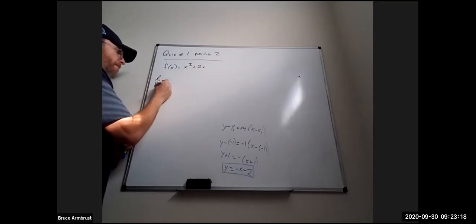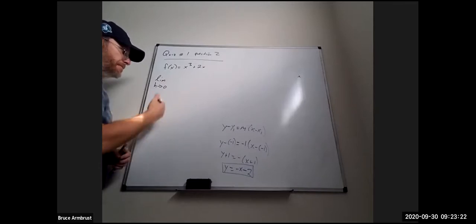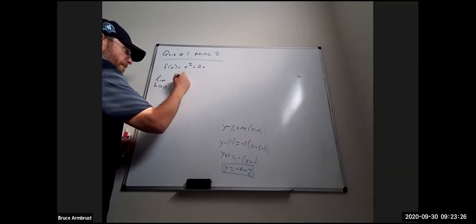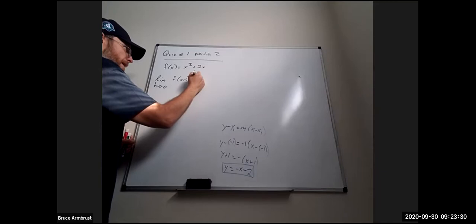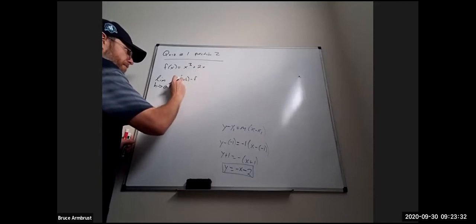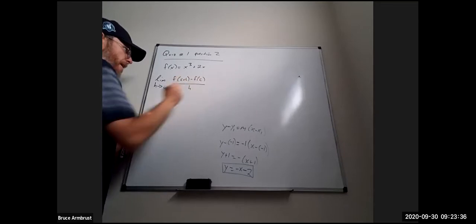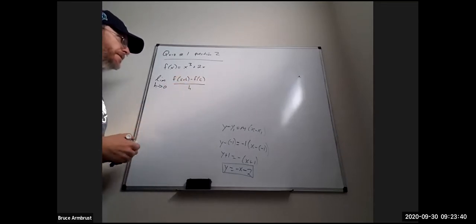So I'm going to use the first one, again, just sort of my habit. We're going to do the limit as h goes to 0 of f of c plus h minus f of c, over h. Now, the c, we had a specific point, right?